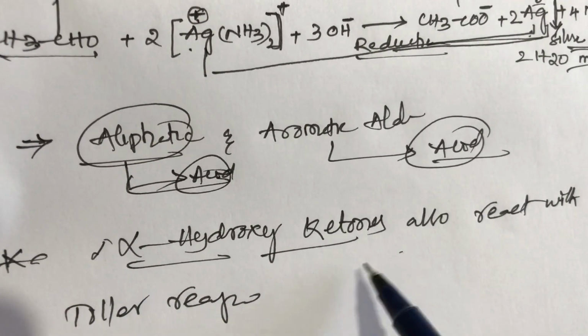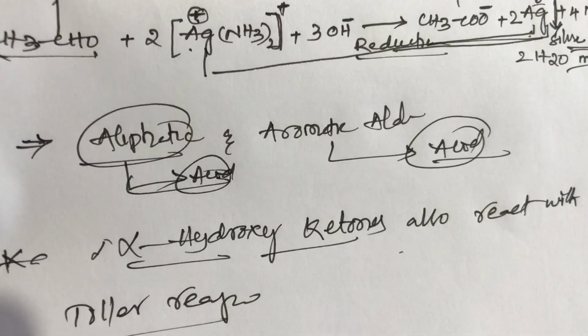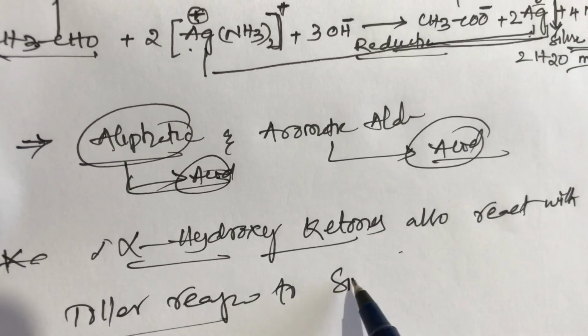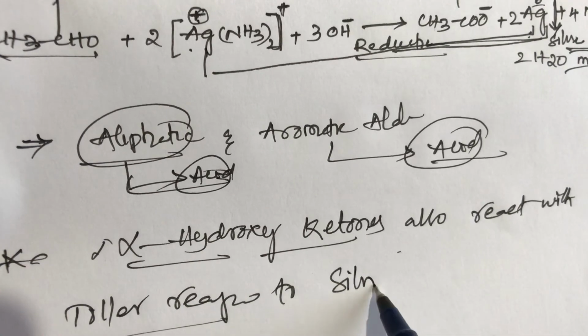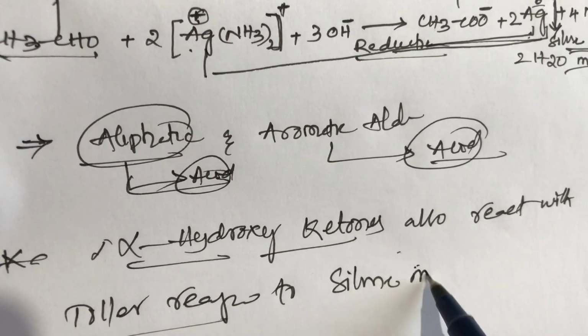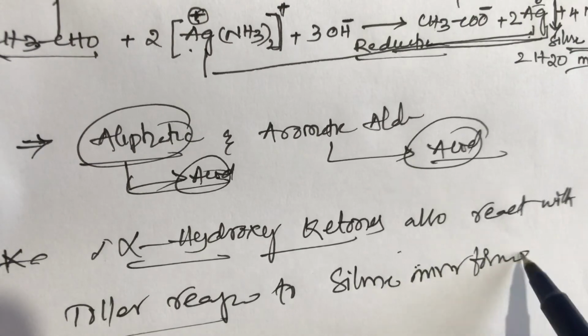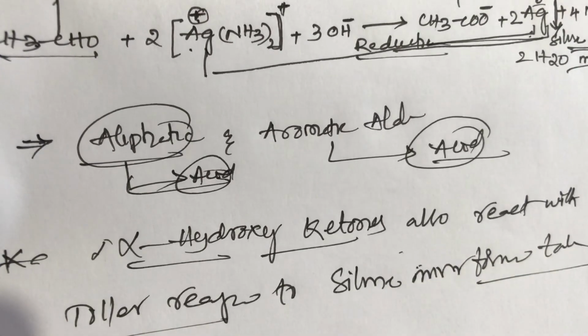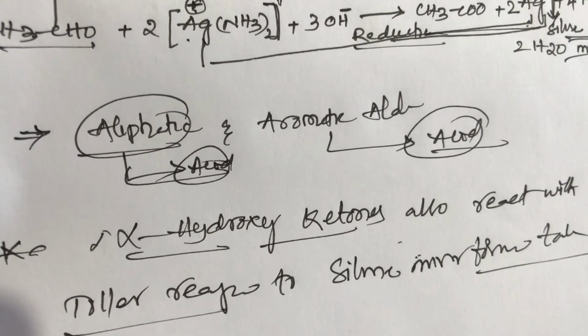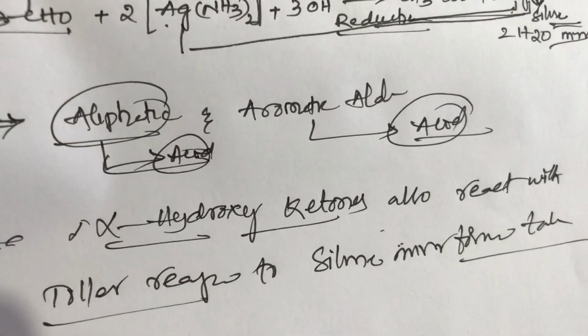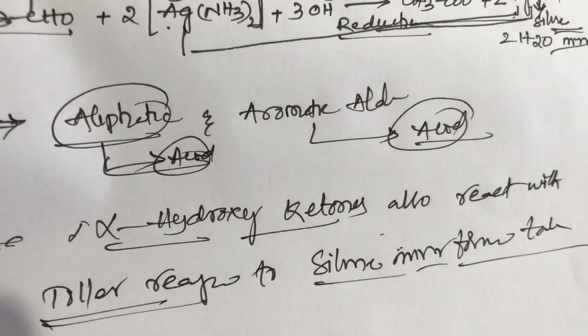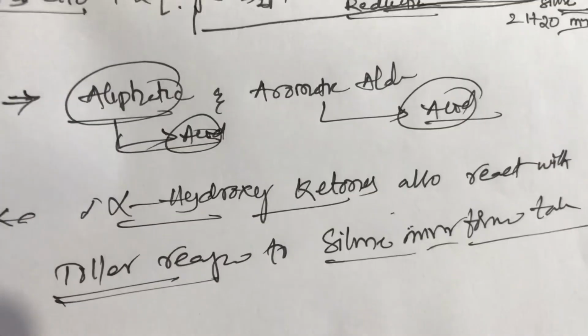Alpha hydroxy ketones also react with Tollens reagent to form silver mirror. This is an exception case, student, but all other ketones do not react with Tollens reagent. Ketones do not react, but alpha hydroxy ketones do react with Tollens reagent to form a silver mirror. It is very important, student.